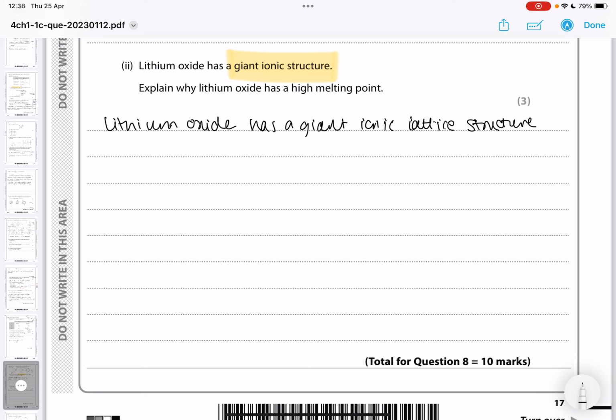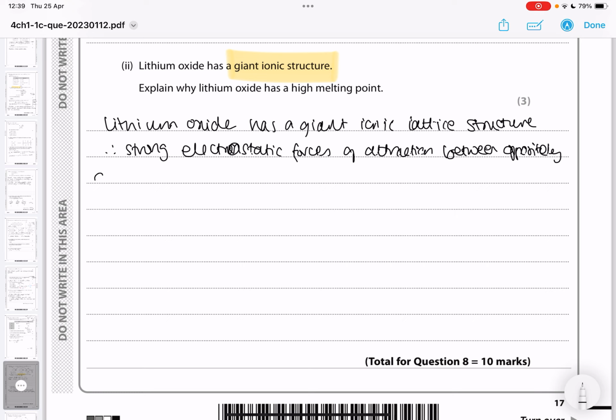Okay, so that means that there are strong electrostatic forces of attraction between oppositely charged ions. You have to remember the definition of ionic bonds.